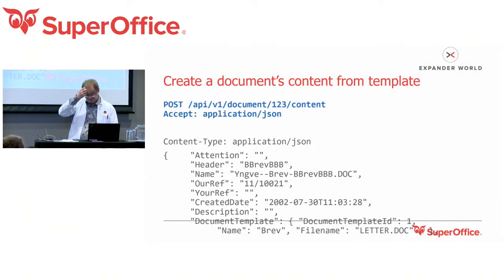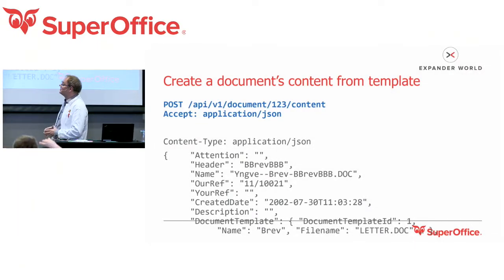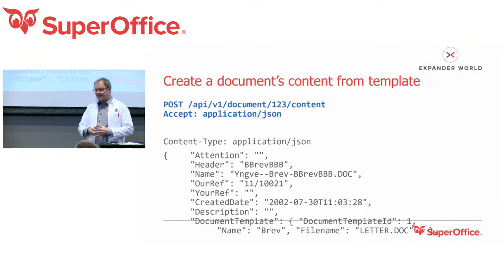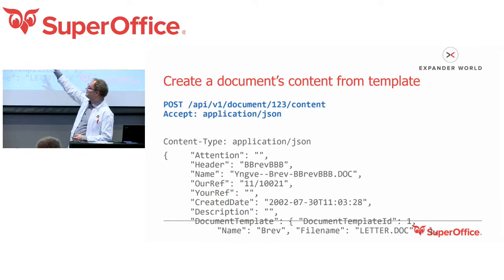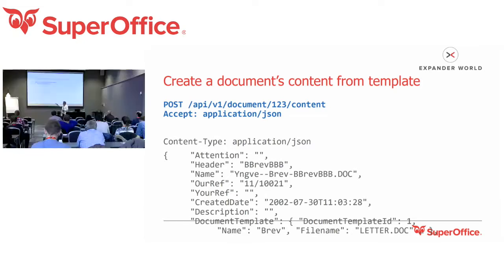Okay? And then finally, there's a tweak here where once you've uploaded an entity, like you created a document entity, essentially a document object, you've set a document template, saying I want to use this particular template, and that defines a set of content. But it doesn't create a document content until we say post.